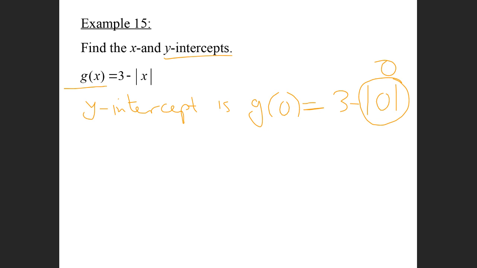So 3 minus 0 is 3. This is the y-intercept. It means that this function will meet the y-axis at 3. So if I start to sketch this graph, I would start with the y-intercept, 1, 2, 3.